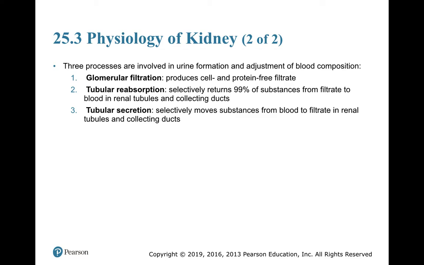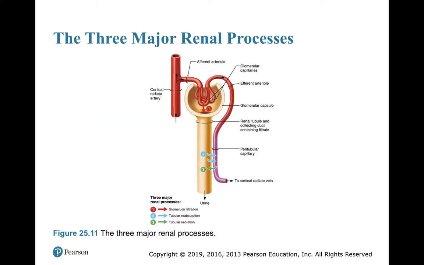That is to get rid of substances that are still in the blood that need to be removed, that didn't get into the filtrate to begin with. So we've got glomerular filtration, tubular reabsorption, and then tubular secretion. We're going to look at all 3 of those as independent sections.